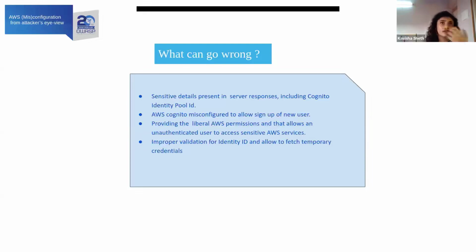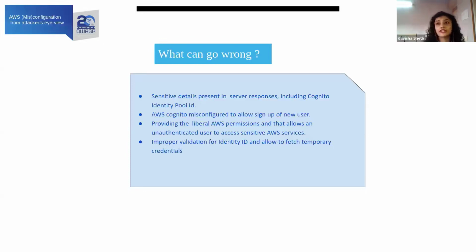Again, if you have the credential and you are providing liberal access, like instead of providing access just to S3, you are providing access to the whole AWS, then you will be in trouble. Or you haven't defined that this should be only accessible to this user.